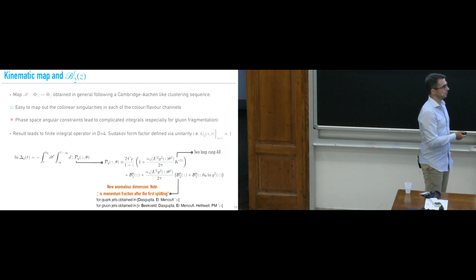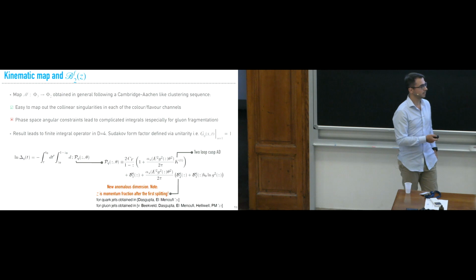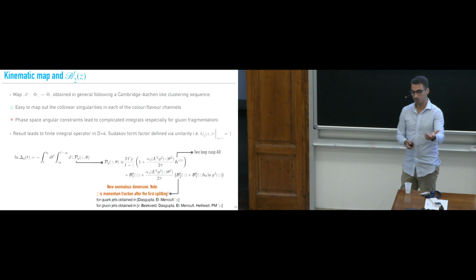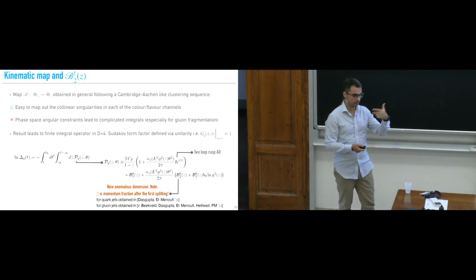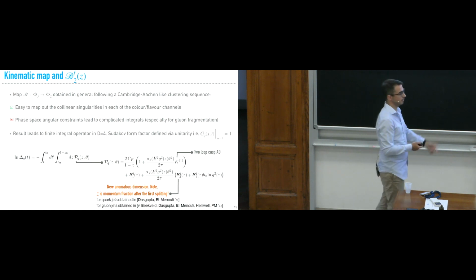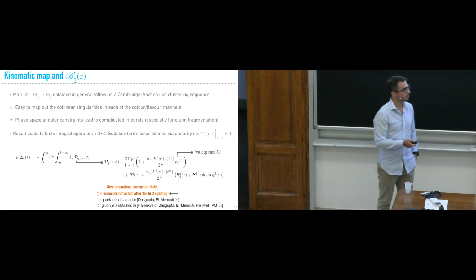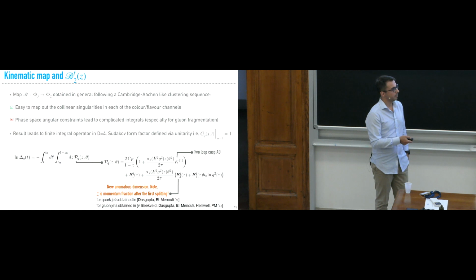This leads to this formula for the Sudakov form factor that contains this, for lack of a better name, we call inclusive emission probability, that describes the radiation, the splitting of a quark into a gluon and a quark, including its own NLO corrections that now, of course, include all the channels, all flavor channels and color channels.